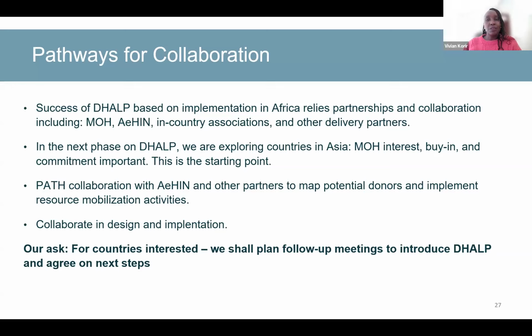Very important, as I mentioned earlier, interest from the Ministry of Health is paramount before we proceed with any steps. Also collaborating with partners, including AeHIN, to map potential donors, implement resource mobilization activities, and collaborate in the design and implementation of the program.